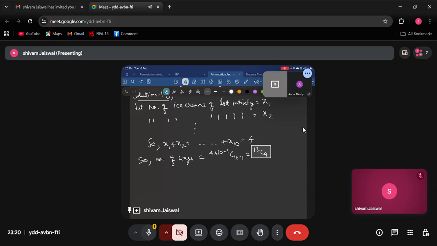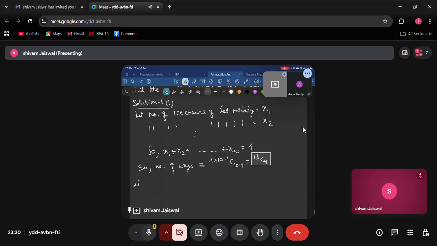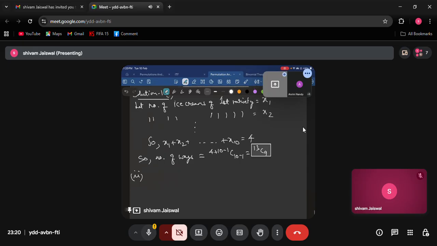Okay, so part 2. Can I say my required answer, at least 2 ice creams of the same variety, means it is equal to total minus all different?